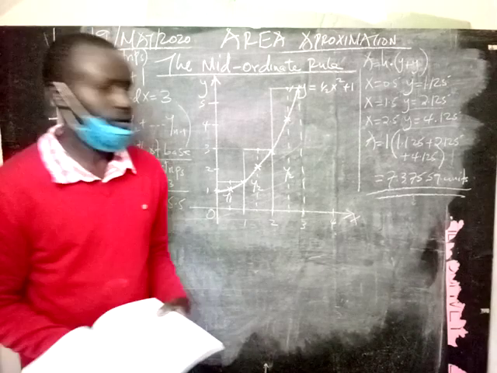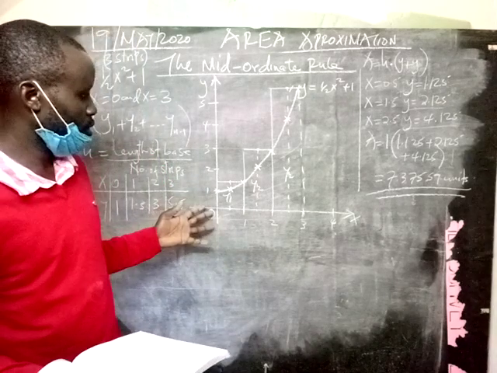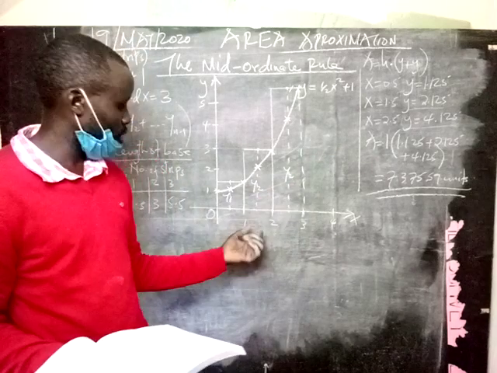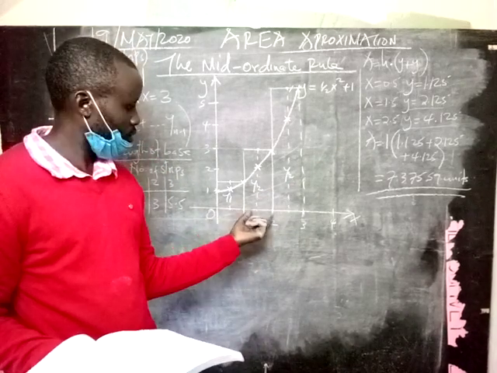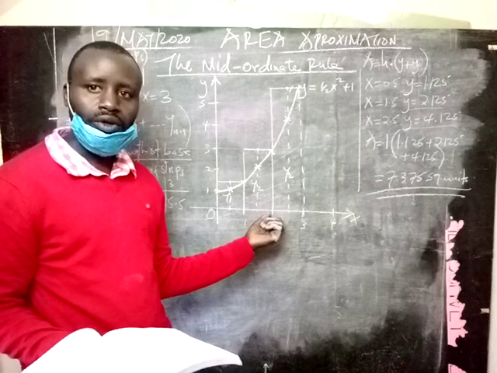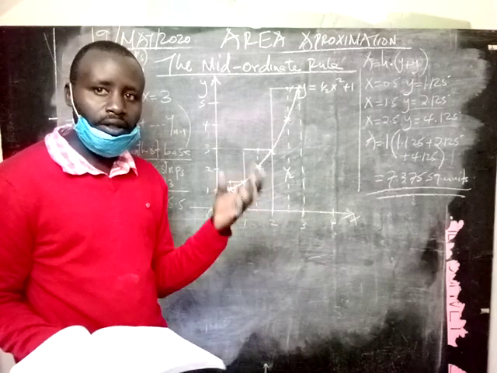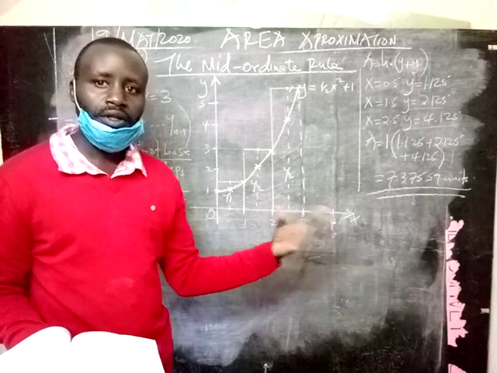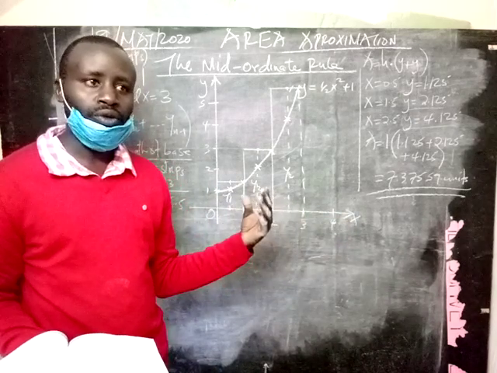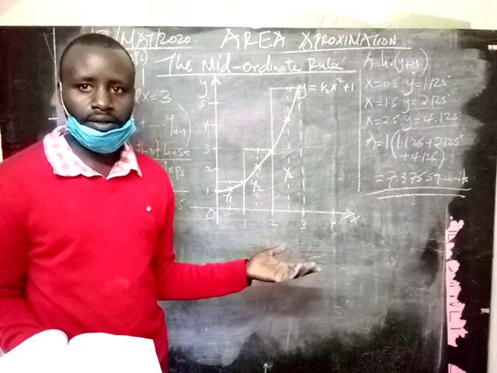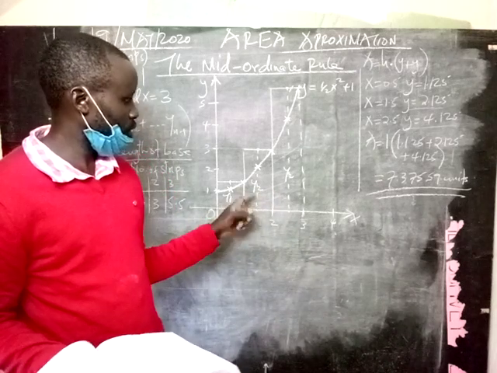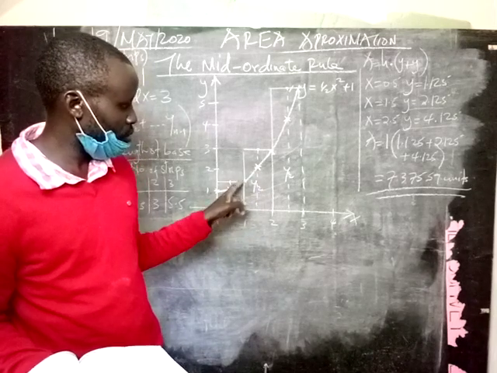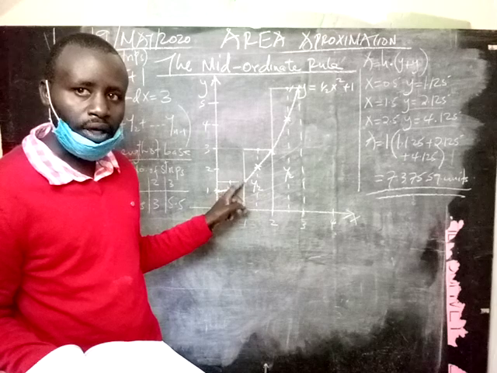You can also reduce the area by adding the number of strips. You can say 6 strips. And the more you reduce the area and increase the number of strips, the closer you get to accuracy. Because with larger strips, there are some parts that you might not actually account for.